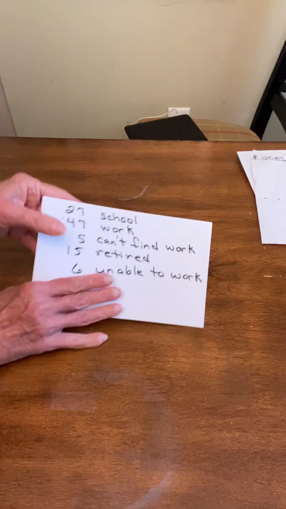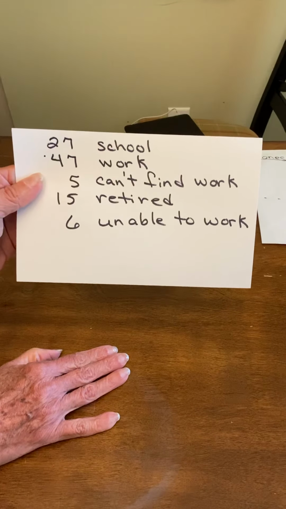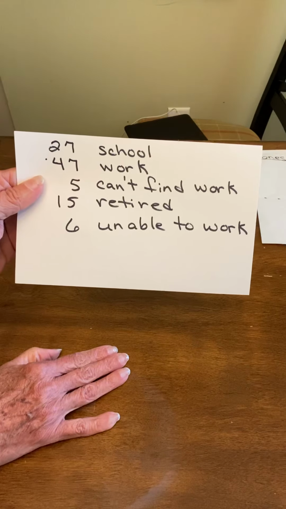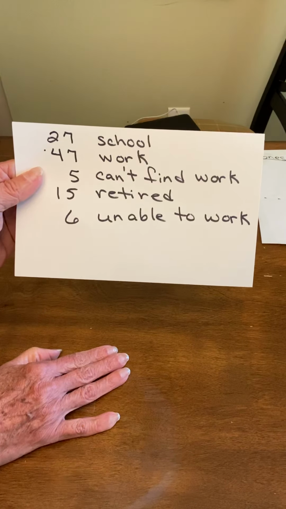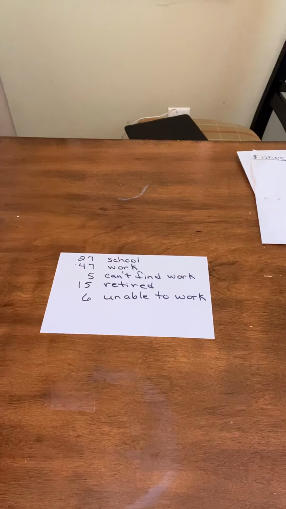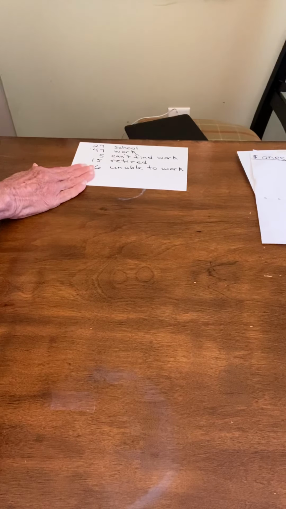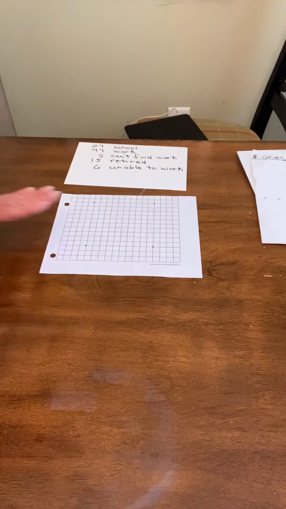These people, and I'll leave this out: 27 go to school, 47 work, 5 can't find work, 15 are retired, and 6 are unable to work. So let's represent this on a 10 by 10 grid. Okay, so we've got that. Got our 10 by 10 grid.